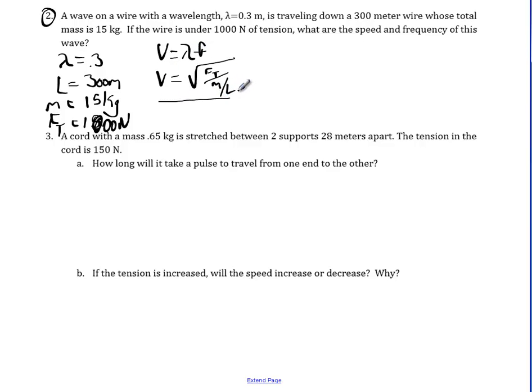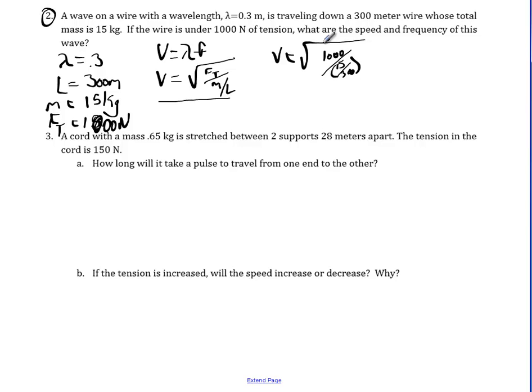So I'm going to start with this equation because I don't know frequency, but I do know the tension, the mass, and the length. So I have V equals the square root of 1,000 divided by, in parentheses because this is the denominator, mass, 15 kilograms per unit length, 300 meters. Now this is going to start as a big number, but then you square root it.